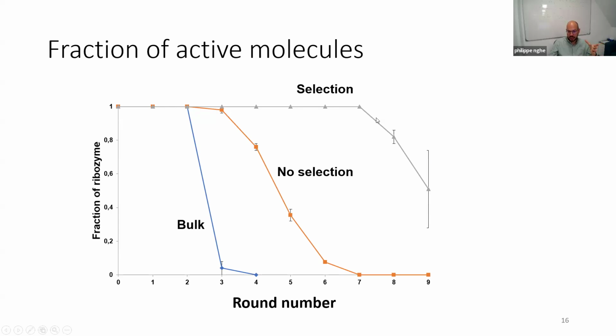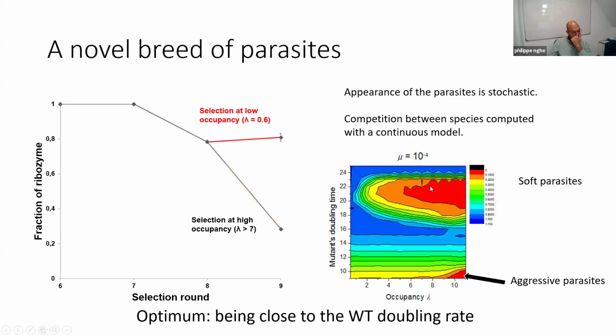We were a bit stuck at this point, and then okay, what's going to happen here? Is it really going to work? So what's happening is that if you do selection at a lower occupancy per droplet, so it's very important how many molecules you incubate at the beginning, you can repurge the population and recover a higher fraction of ribozyme.